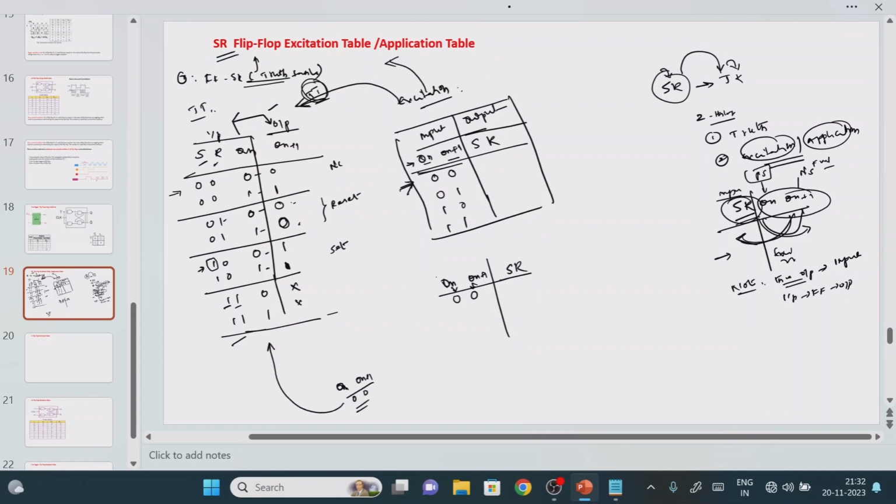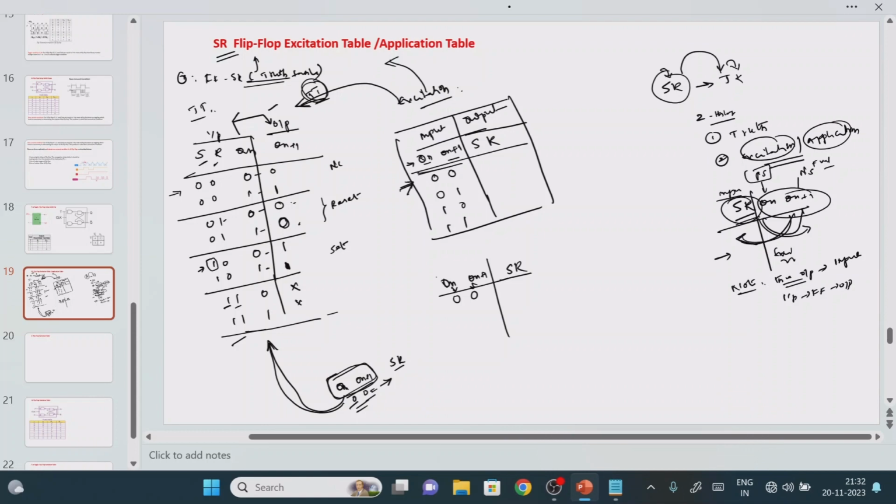You just go through the truth table of the SR flip-flop and find out where we have Qn+1 equal to 0. If you find that 0, then just note down what the S value and R value are. That is the thing you have to do here, right?